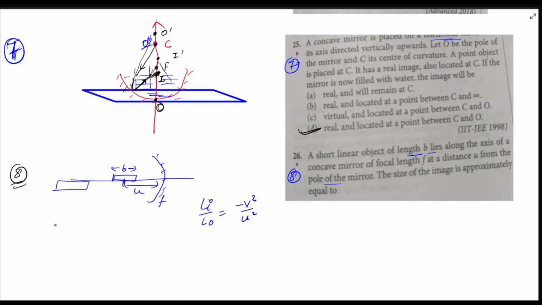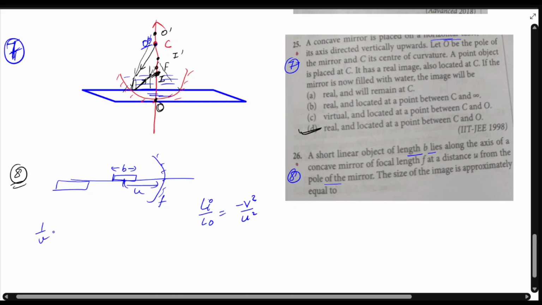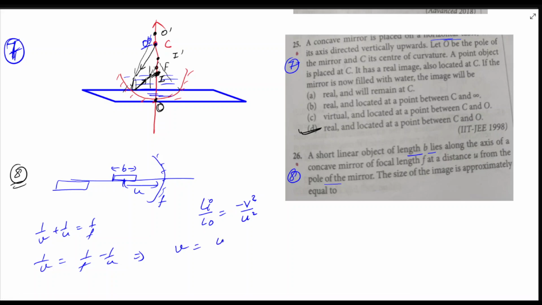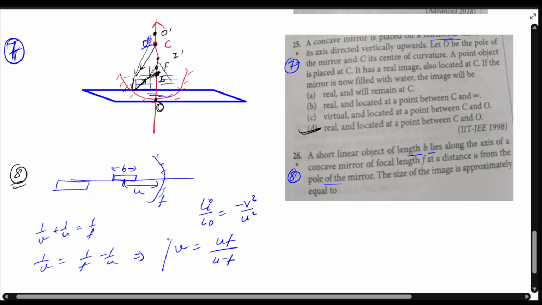Let's just solve this. So 1 by v plus 1 by u equals 1 by f. So 1 by v will be 1 by f minus 1 by u. So we will get v as uf upon u minus f. You should also remember this formula.